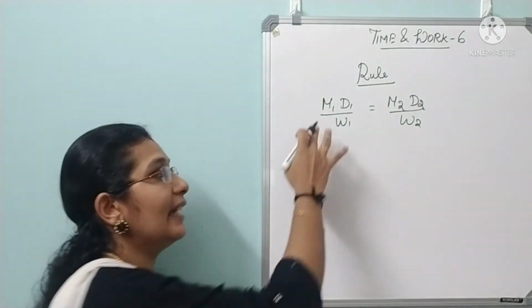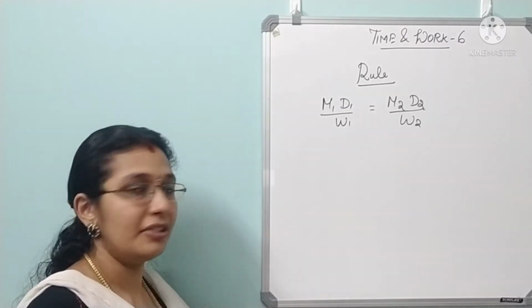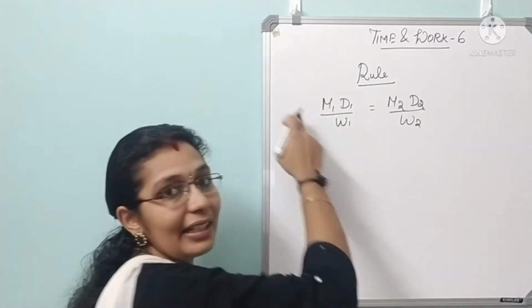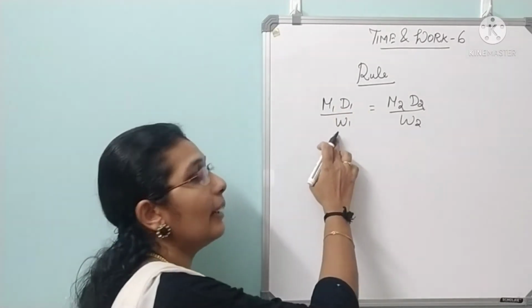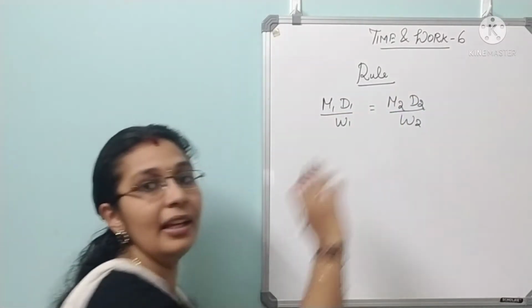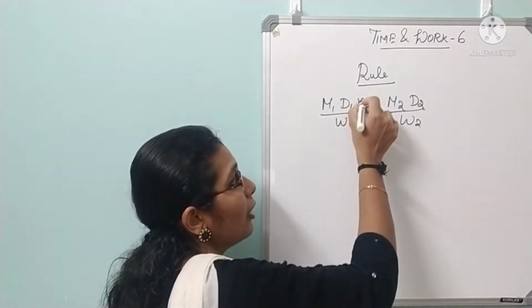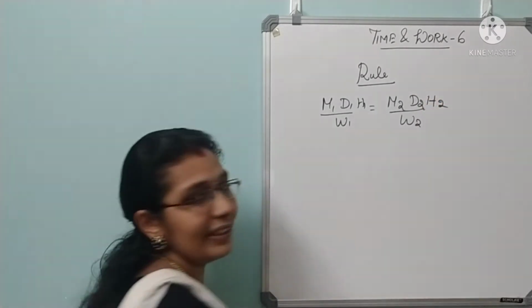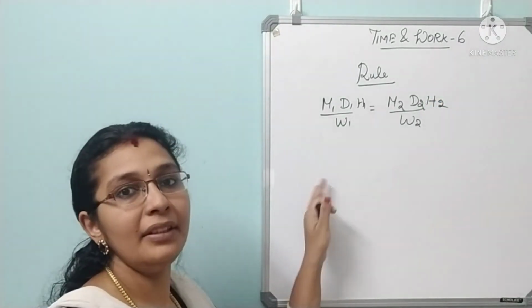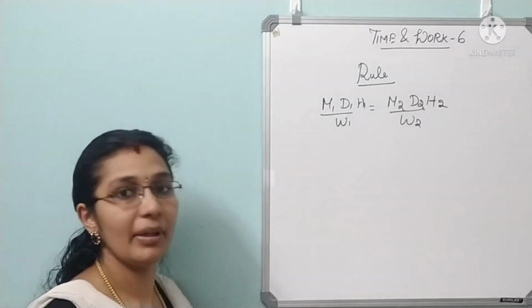In general, we say it as men, but it may be men, women or children, whomever it may be, we'll take it as M1. D1 is days and W1 is work. Similarly for the second person. If hours is mentioned in the question, you will also have to include hours in your formula. Work will come in the denominator, balance all in the numerator. This is what you will have to remember.